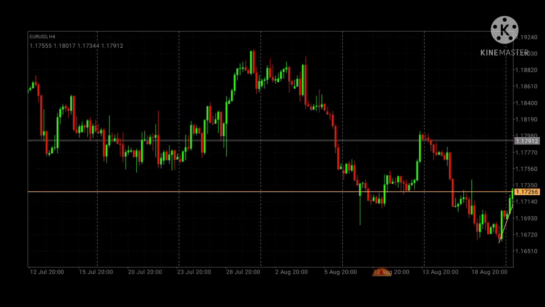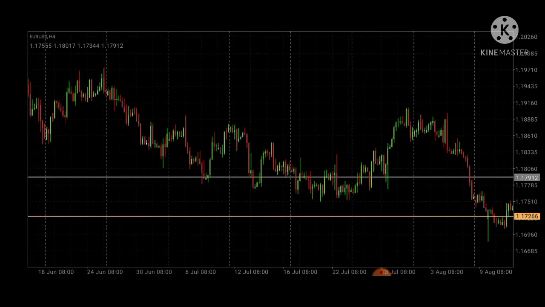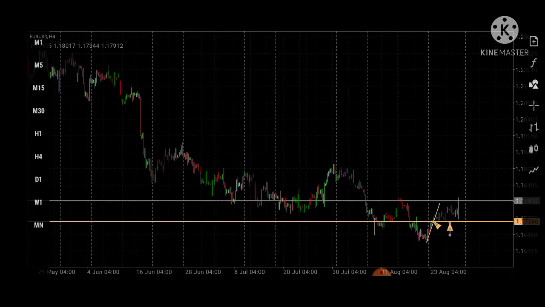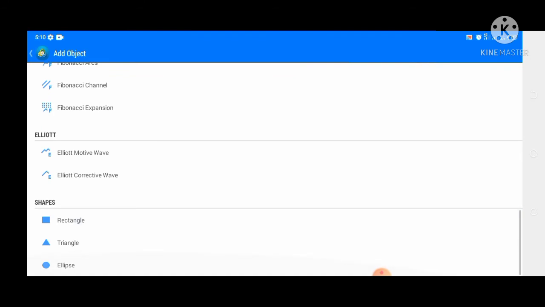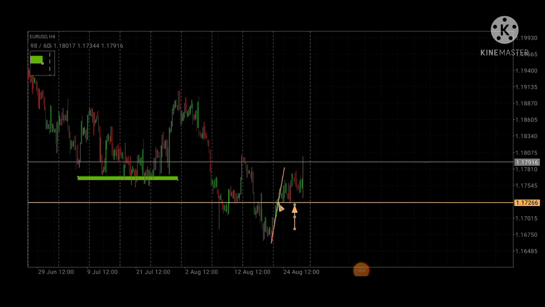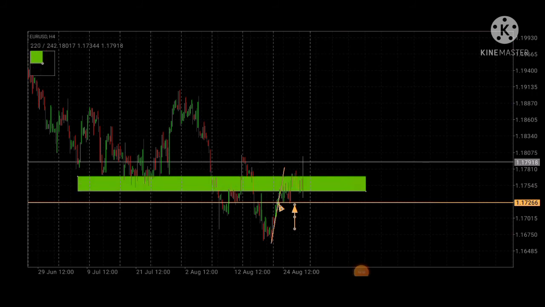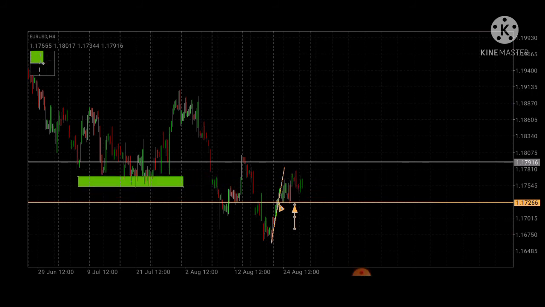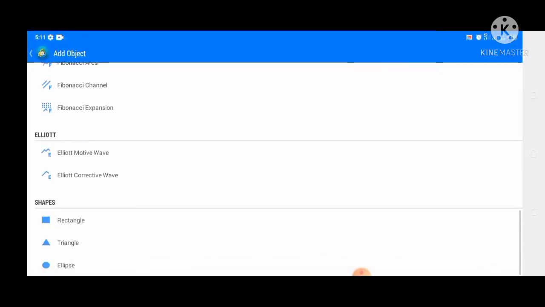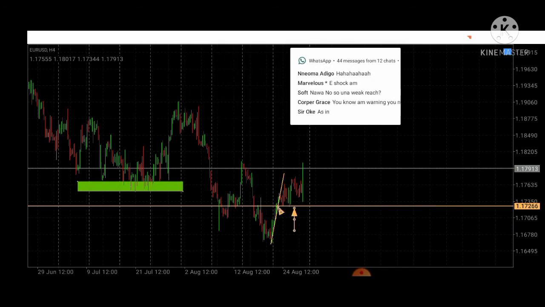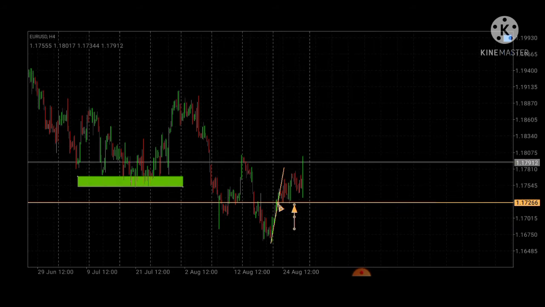The concept of support and resistance is very important. We can also use our rectangle just to get a particular zone of support and resistance. So you can say that this is our support line. We can go back to get more horizontal rectangles just to get our support and our resistance line.